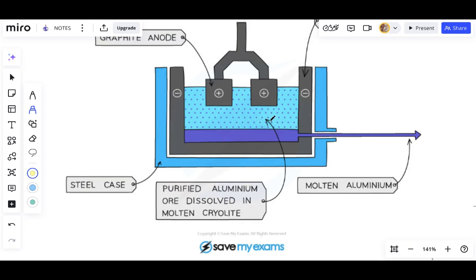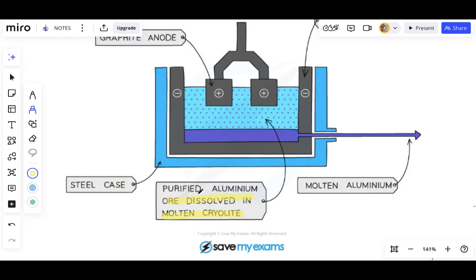So we are able to reduce the melting point by dissolving the pure aluminum ore, or aluminum oxide, in the molten cryolite. Please take note of why we dissolve aluminum oxide in molten cryolite. This can also come out in the exam; we've seen it in previous exams.